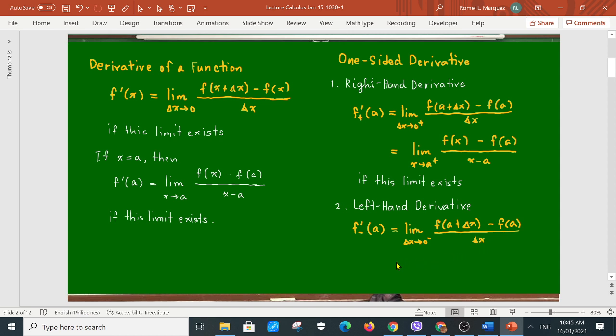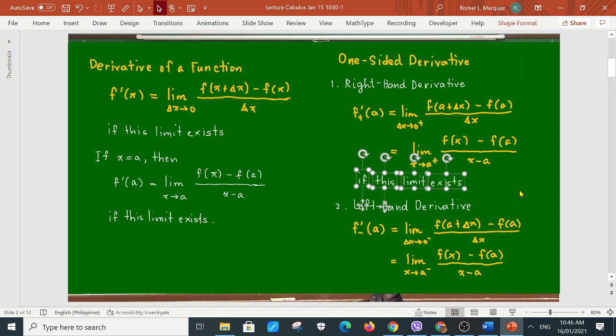Alternatively, we have the limit as x approaches a from the left of f of x minus f of a, all over x minus a.